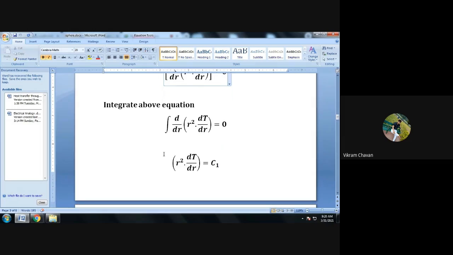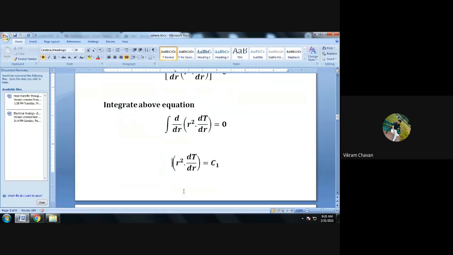So we'll get the equation as r square multiplied by dT/dr is equal to c1. R square multiplied by dT/dr is equal to c1. So this is the first integration constant, that is c1.